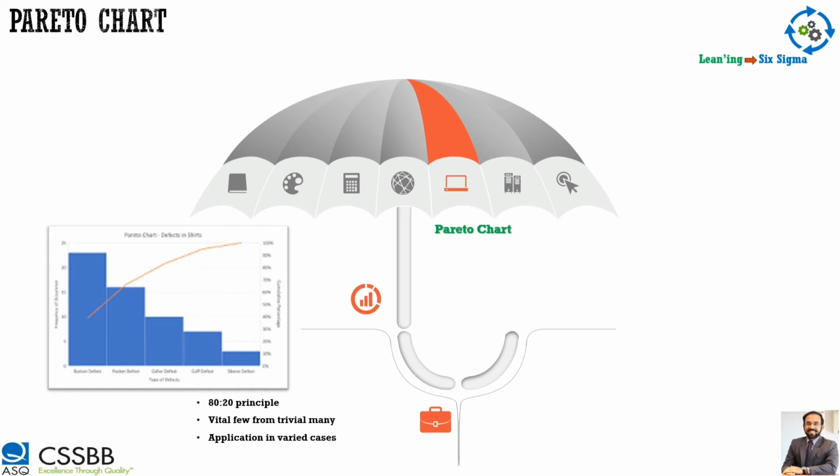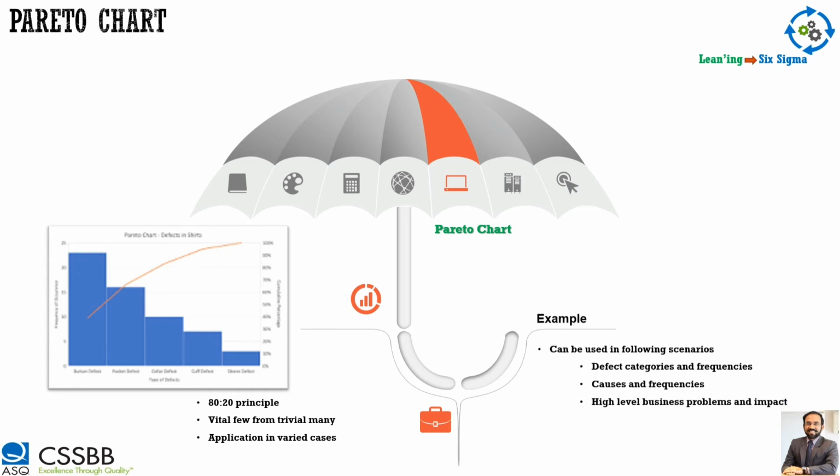It gives you a lot of focus. For example, if you found 15 different types of causes, and when you collect data, only 5 of them influence most occurrences, those 5 are important for you to find the solution. This can be used in different categories and frequencies. Categories can be, for example, data entry error, or people taking more time, or the application not first time right.